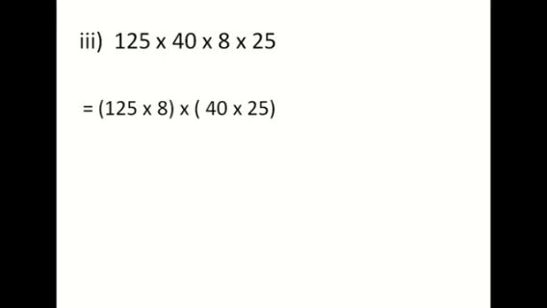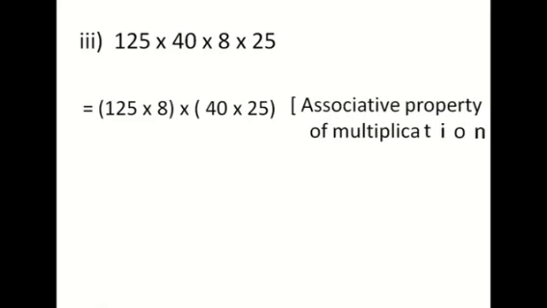Now try to work out with me. Always mention the property wherever you are using it. Now we will do the multiplication part. 125 multiplied by 8, how much is it? It is nothing but 1000. Again 40 into 25: 4 into 25 is 100, along with the zero, it is also 1000.